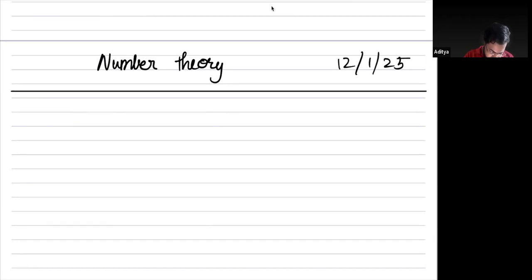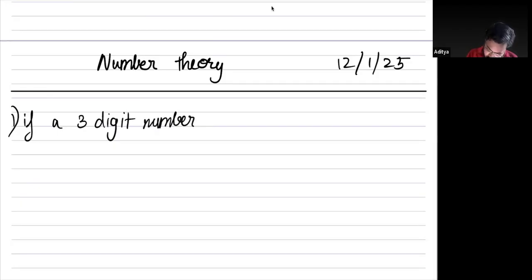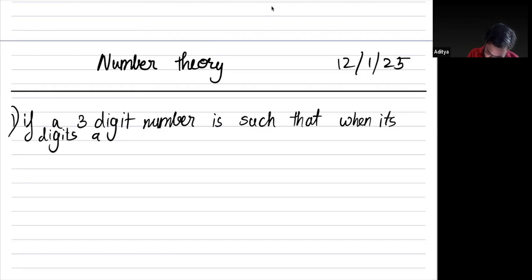Okay, try this question. If a three-digit number is such that when its digits are reversed, we get another number.